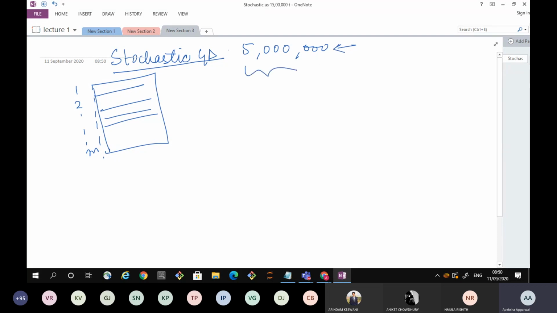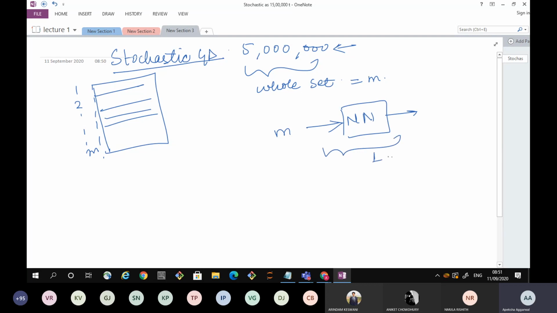Instead of feeding the whole training set equal to m, that is 50 lakh points, at once to my model, that is a neural network, if I'm feeding all the 50 lakh points, it will run much slower.